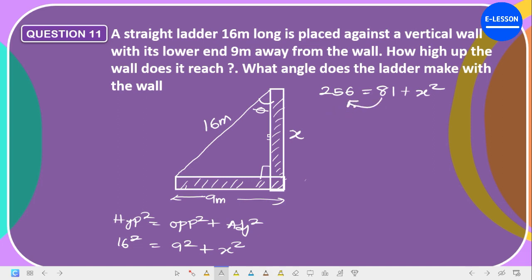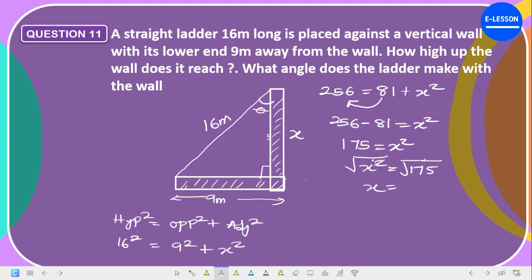If 81 crosses to this side, we have 256 minus 81, which equals s squared. 256 minus 81 is 175, equals s squared. So s will be the square root of 175, since the square root cancels the square. Now the square root of 175 is 13.22.